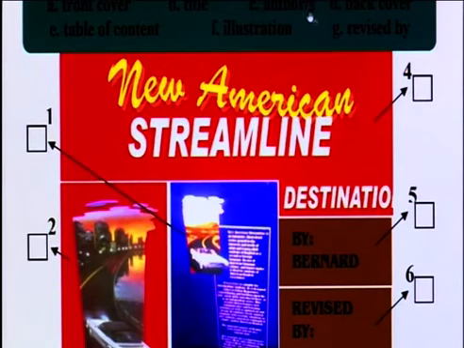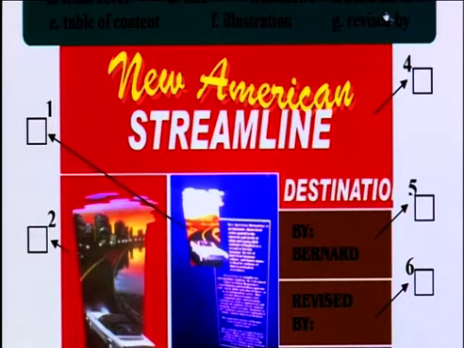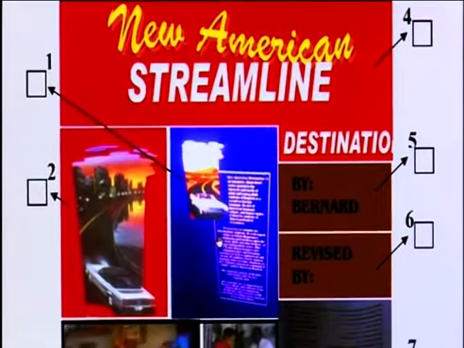Authors. Author or authors. This is, here is written by Bernard. So Bernard is the author. Back cover. This is a back cover. Table of content.